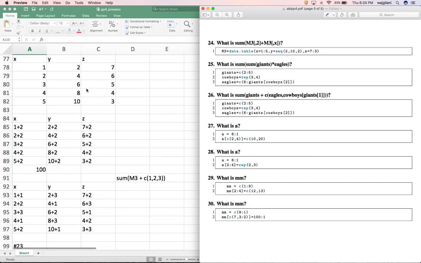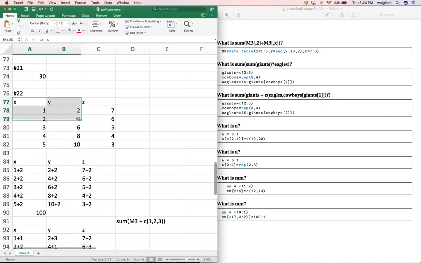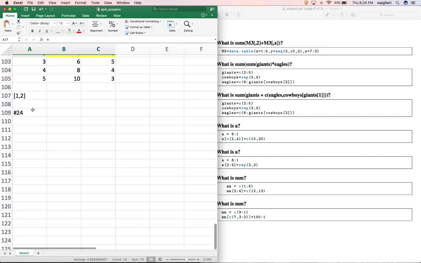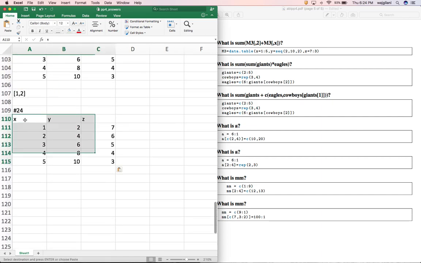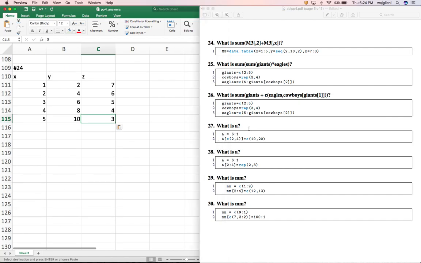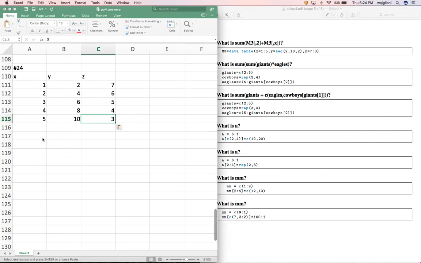Let me copy this again. Okay. What is the sum of, again, we have this inside the parentheses. Do the inside the parentheses stuff first. So what is the sum of this, the second column, plus the X column, all right? So let me rewrite that so you guys can see it clearly.